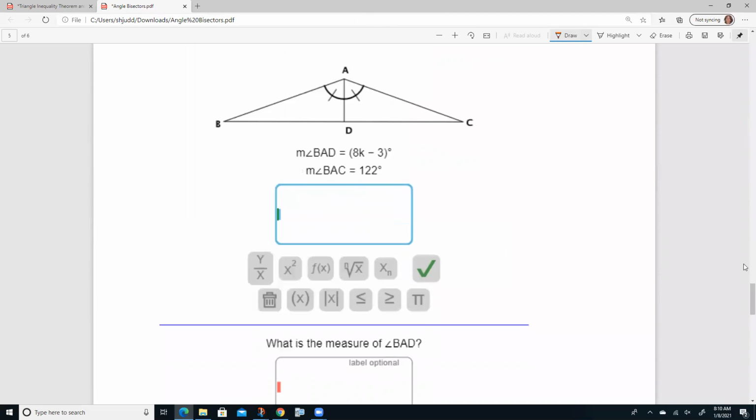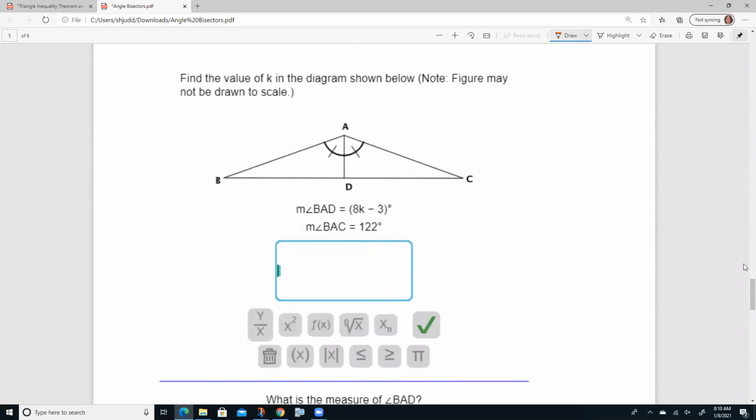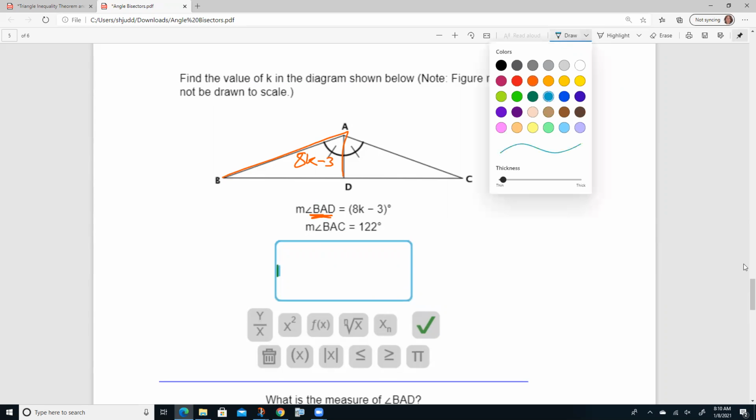Okay, first one says find the value of K in the diagram shown below. Note the figure may not be drawn to scale. Let's trace out some angles. First we'll trace out angle BAD. BAD right there, so that's 8K minus 3. And we'll trace out BAC.